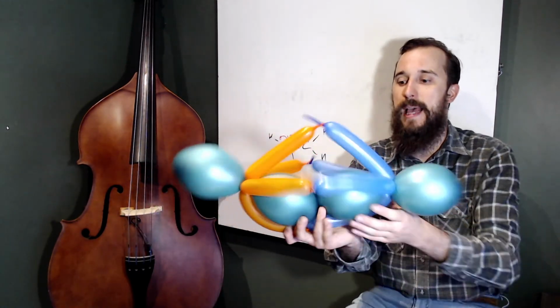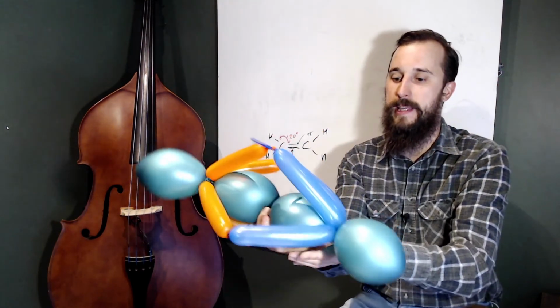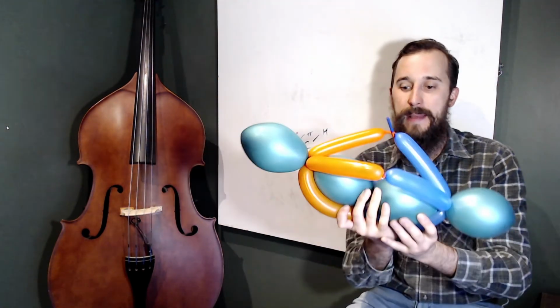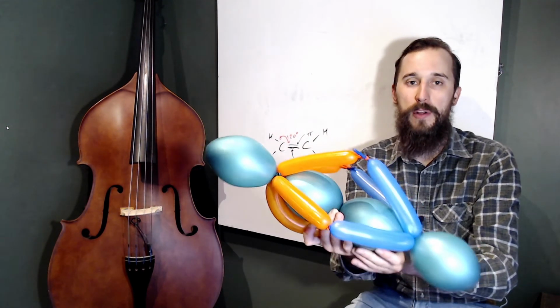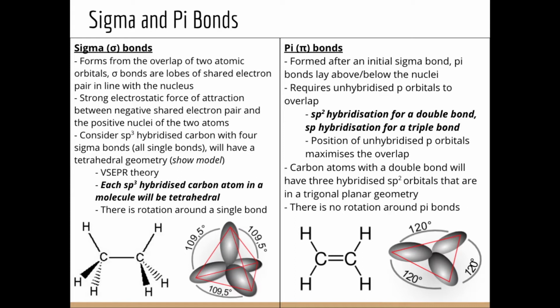This just makes a linear molecule. It's all in a straight line if we look at the atoms that are bonded. And same thing, no free rotation. We've got pi bonds, which lock it all in place like that. So a bit of a recap linking our hybridization and our molecular geometries to our organic molecules.